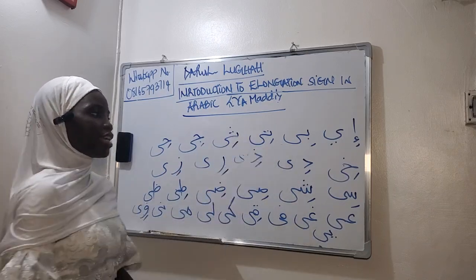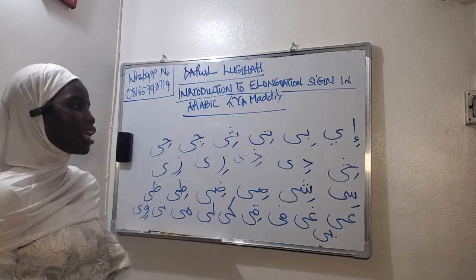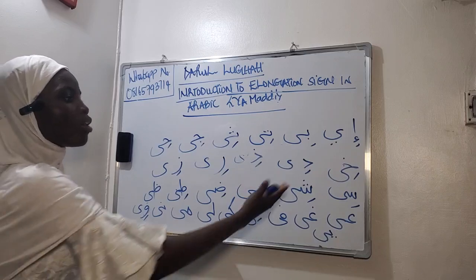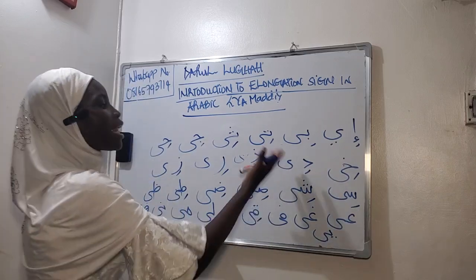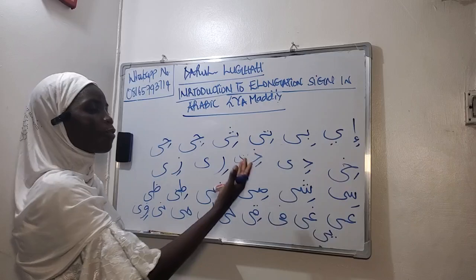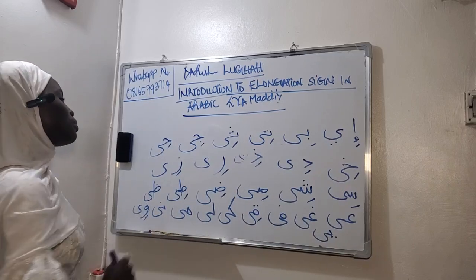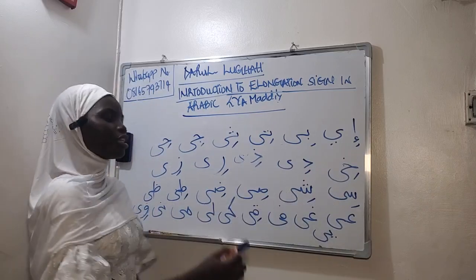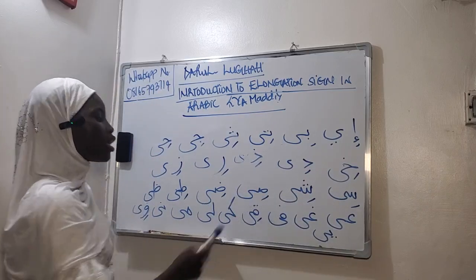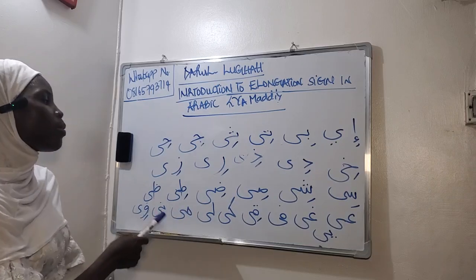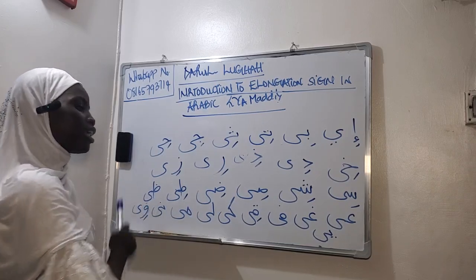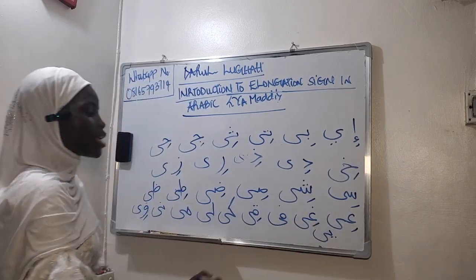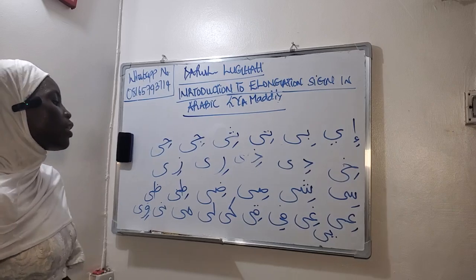Now, ta kesra ya madi ti, tha kesra ya madi thi, jim kesra ya madi ji, ha kesra ya madi hi, kho kesra ya madi khi, dal kesra ya madi di, zal kesra ya madi zi, ro kesra ya madi ri, zain kesra ya madi zi, sin kesra ya madi si, shin kesra ya madi shi, sod kesra ya madi si, dod kesra ya madi di, to kesra ya madi ti, zo kesra ya madi zi, ain kesra ya madi i, ghain kesra ya madi ghi, fa kesra ya madi fi, qaf kesra ya madi qi.